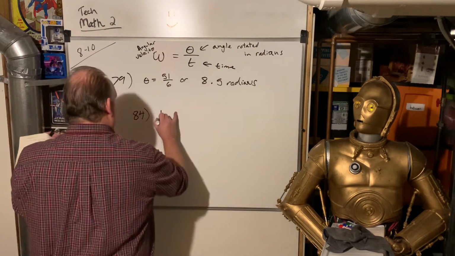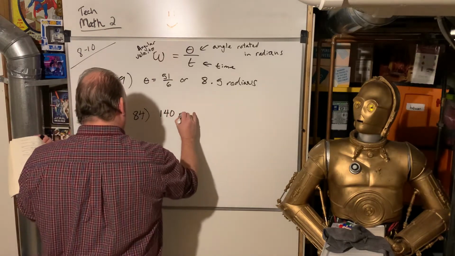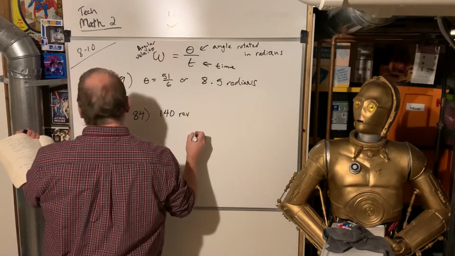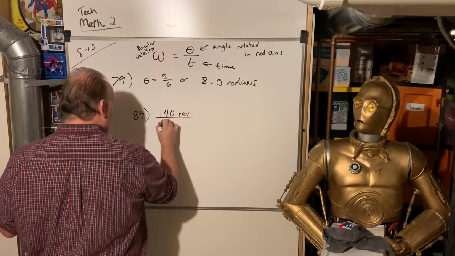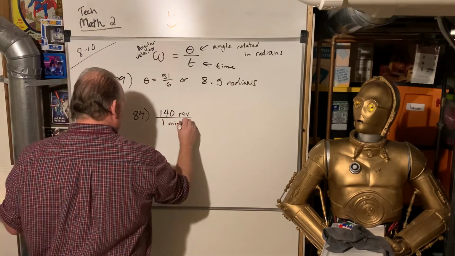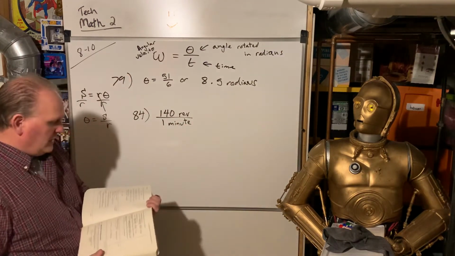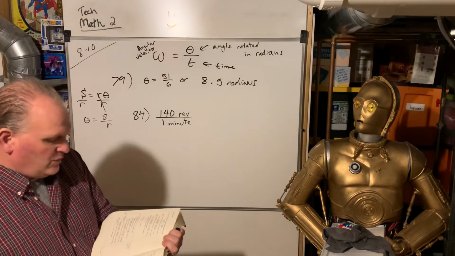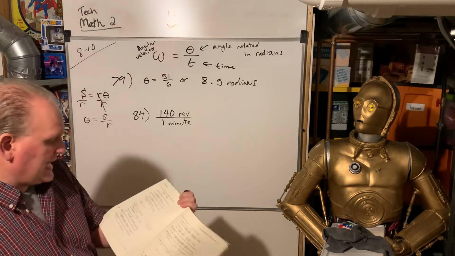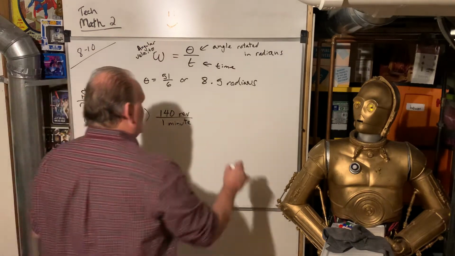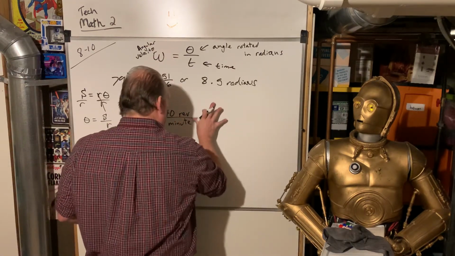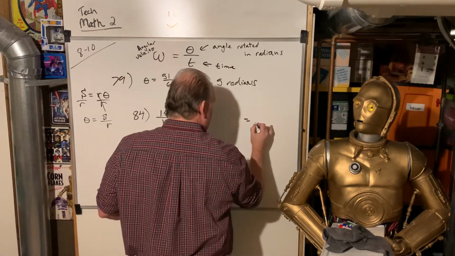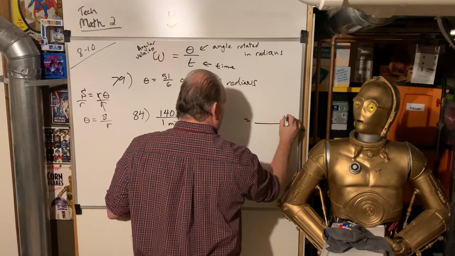So they gave us 140 revolutions, RPM, so that's revolutions in 1 minute. And then you have to look at what they want for an outcome. They want it in radians per second.